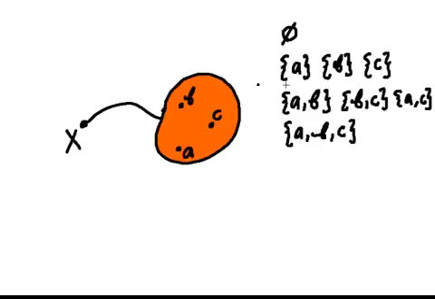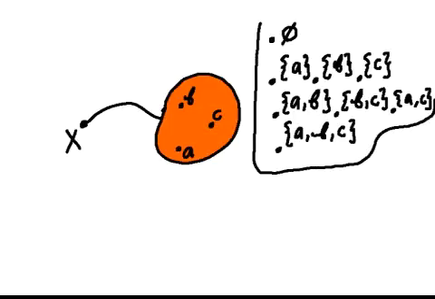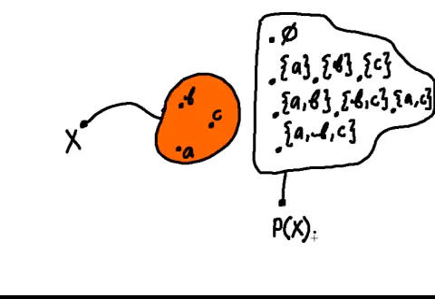So in our display notation, if the empty set is represented by this dot, and also the same for the other sets, if these dots represent those sets, then the set formed from this collection of all of these sets is going to be called the power set of X and is going to be denoted by P of X. So this reads as power set of X. In other words, the power set of a set is a set whose elements are all possible subsets of the given set.